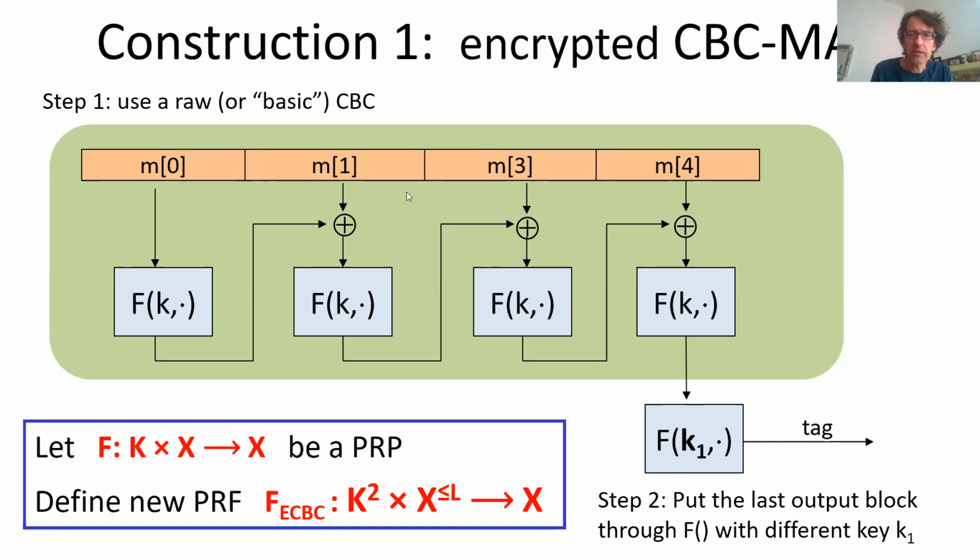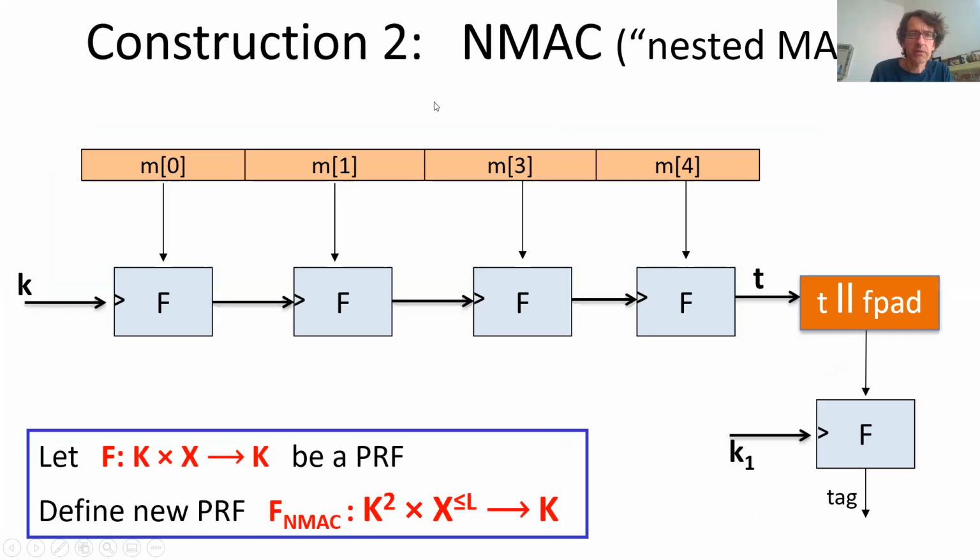Okay. What is the alternative way? Here's the nested MAC. What I was saying is that if you try to do counter mode or OFB, output feedback, it's not clear how to convert them to a MAC, because what they do with the message is just an XOR of essentially a PRG string with the message.